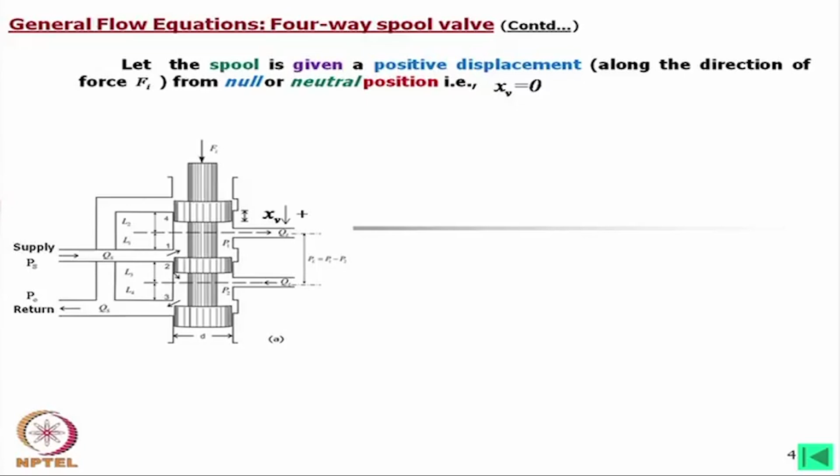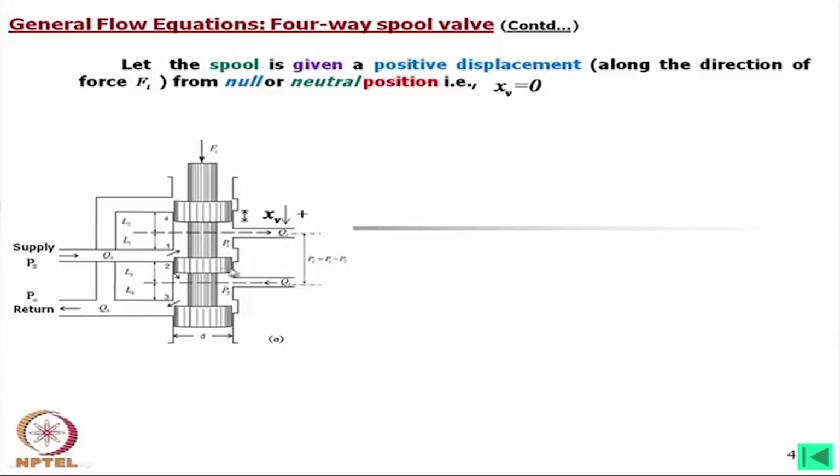This means that the width of the land and the width of the port are equal, but in fact the width of the land is slightly higher than the width of the port, because there is radial clearance. So, even if it is closing the port, there will be some leakage flow if both widths are the same.